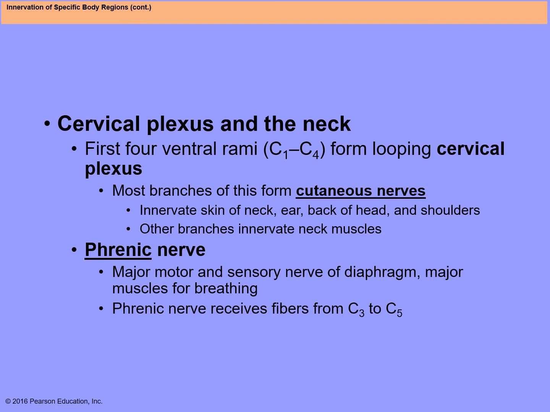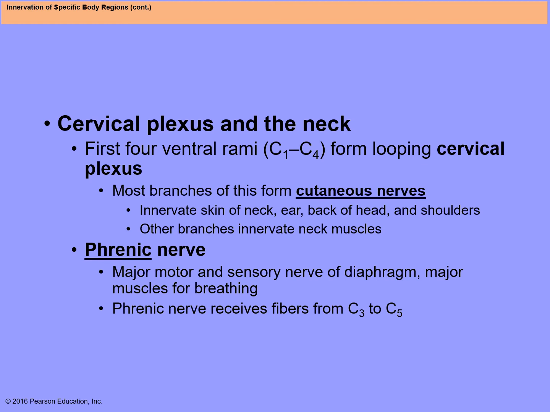The cervical plexus in the neck, the C1 through C4 form that cervical plexus. You tend to find the plexus in areas that are innervating the limbs. So you have the brachial, innervating the arms, and then the lumbar and sacral innervating the legs. That's where your arms and legs are located.